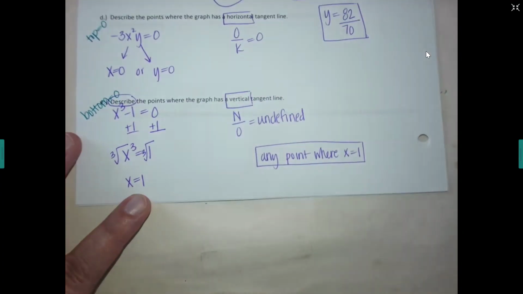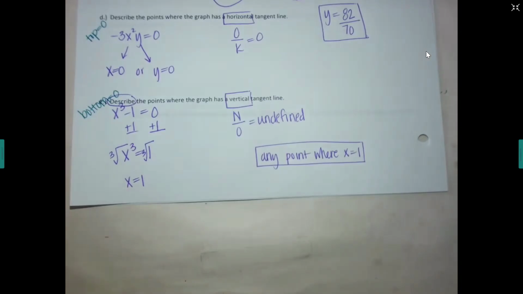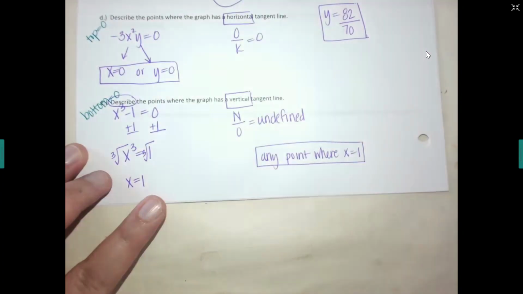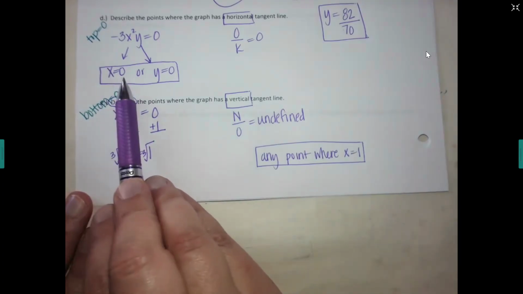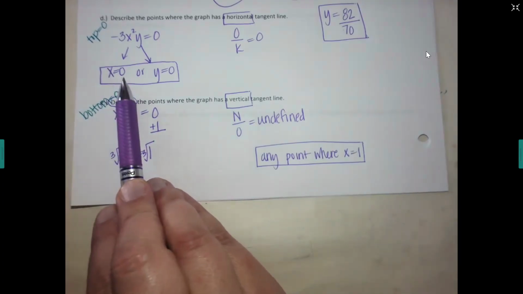That's just kind of a weird thing that if two things multiply to 0, one of them has to be a 0. Now, we know that the 3 is not the 0. So that's why it narrows it down, that it has to be either x or y. So your description would be any point where your x is a 0 or your y is a 0.